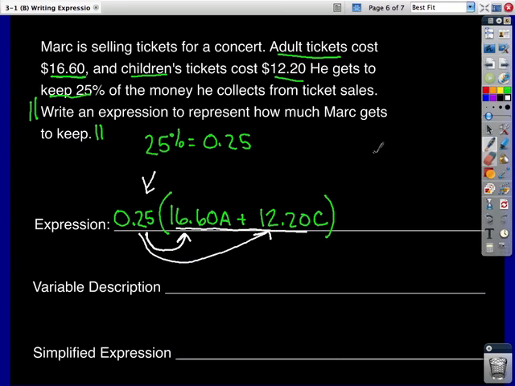So I would go 0.25 times 16.60, and whatever number I get, I would write that times A. And then I would go plus 25 hundredths times $12.20, and whatever number that is would be times C. I'd love to see if you could fill in this part by yourself. All right, guys, good luck.